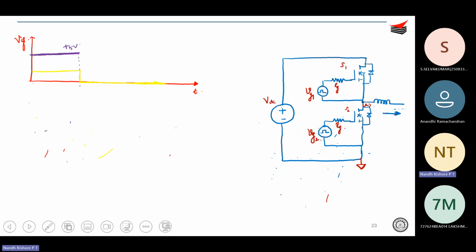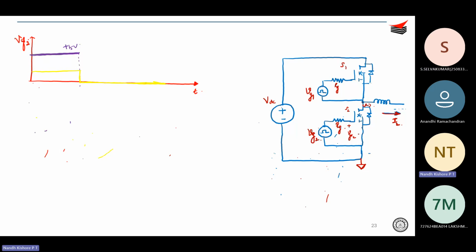I have a constant current that flows in this direction, which we will call IL. Let's assume we are talking about the bottom device, where the voltage between gate and source is VGS2. The bottom device was on all this while, and then we turned it off.